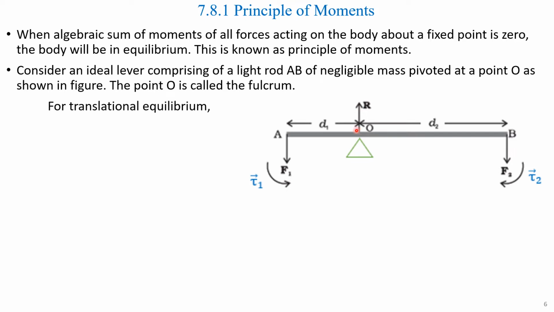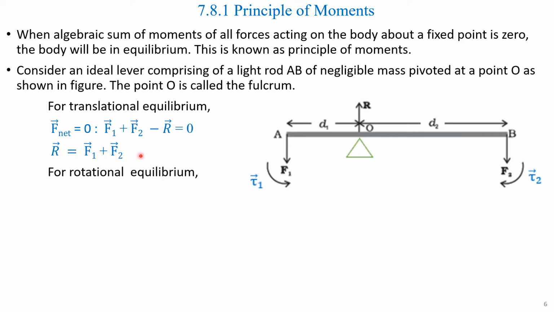For translational equilibrium, the sum of forces equals 0. Therefore, F net equals 0. That is, F1 plus F2, which are acting downwards, minus R, which is acting upwards, equals 0. Therefore, rearranging, R is equal to F1 plus F2.